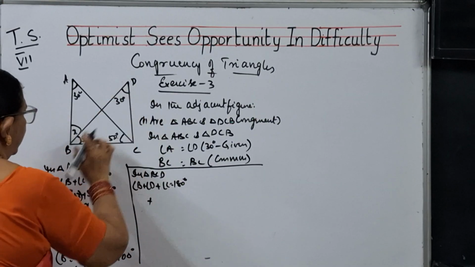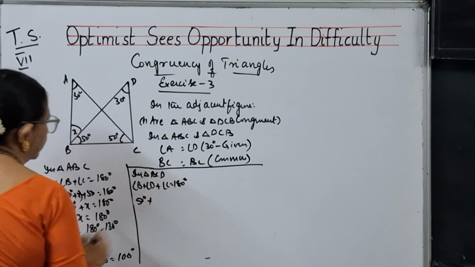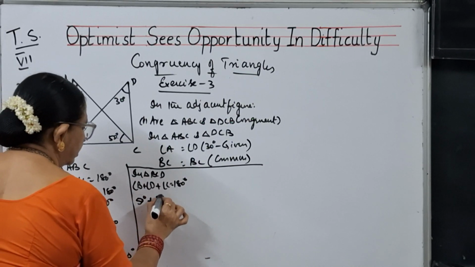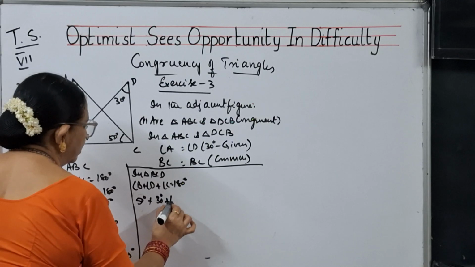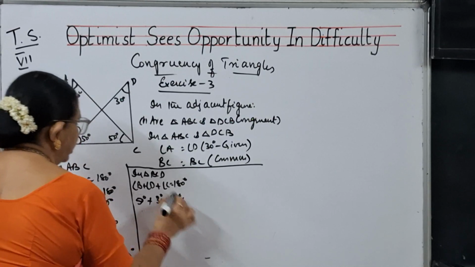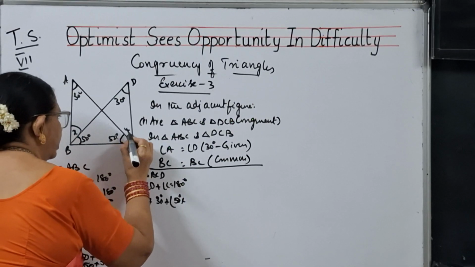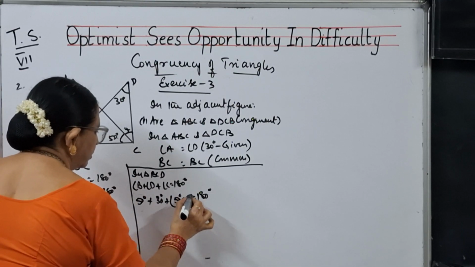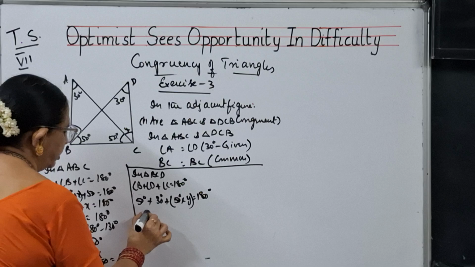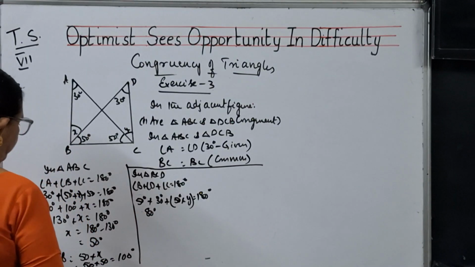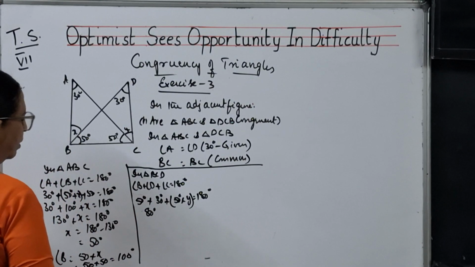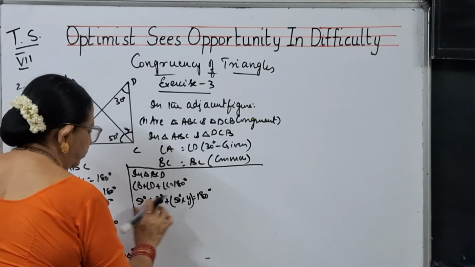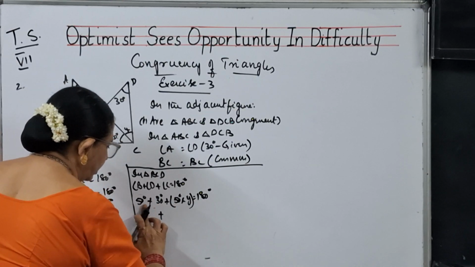In this triangle angle B is 50 degrees plus angle D is 30 degrees plus angle C is 50 degrees plus, let me consider this as y, is equal to 180 degrees. This is a common one. That means 80 degrees. 50 plus 80 degrees, 50, 50, 100, 100 plus 30, how much children?